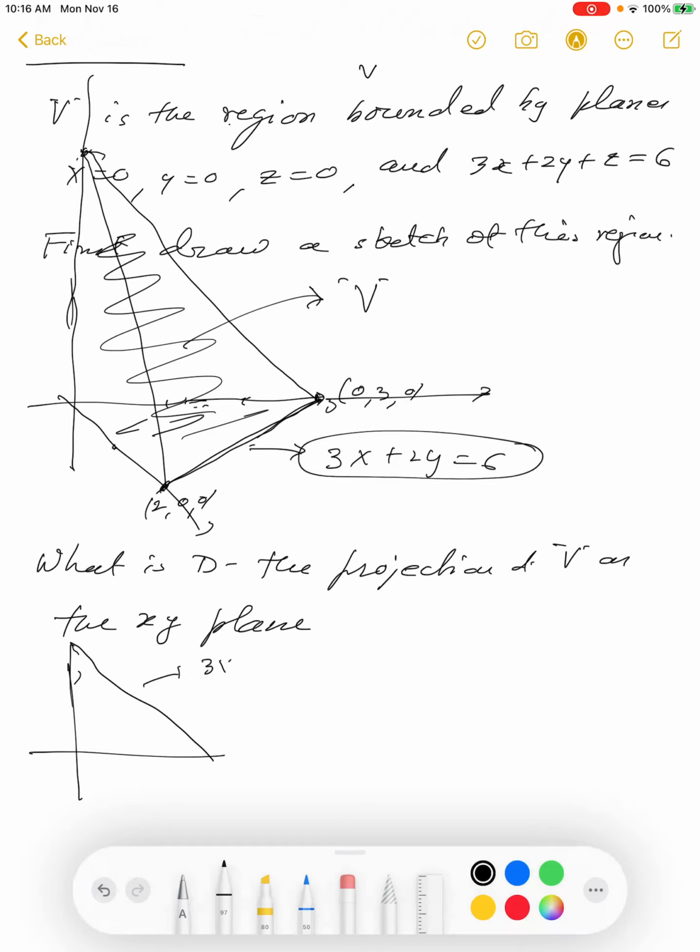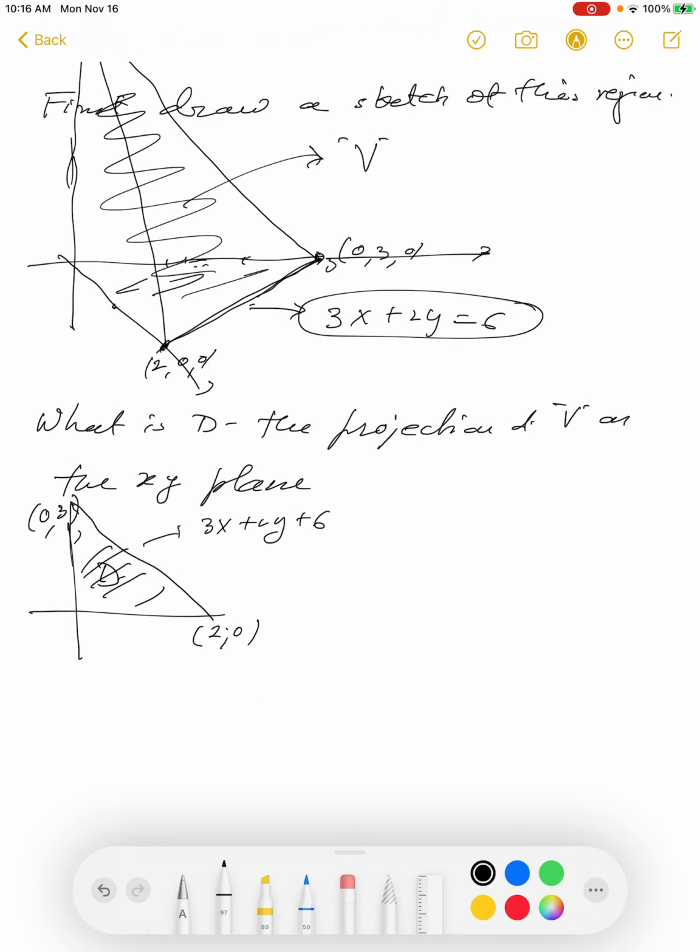When y is 0, x is 2, and when x is 0, y is 3. So that's going to be our D. So now you see that this region V is bounded above by z equal to 6 minus 3x minus 2y.